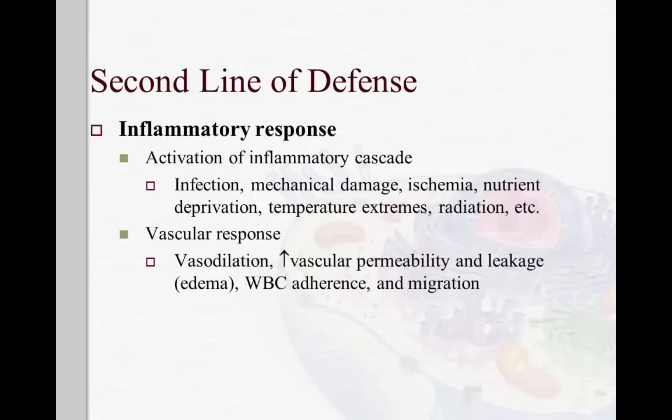Then we have the second line of defense. The second line of defense is the inflammatory response that is activated in the presence of infection, mechanical damage, or oxygen deprivation.